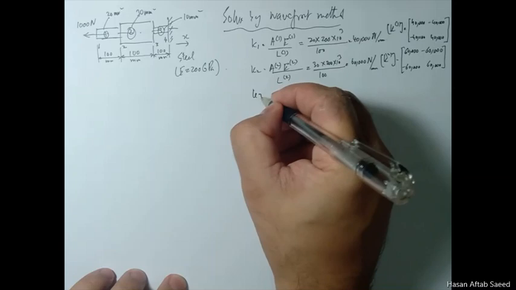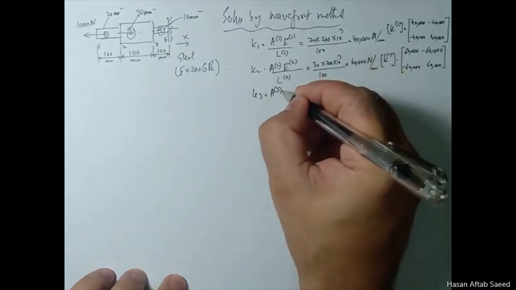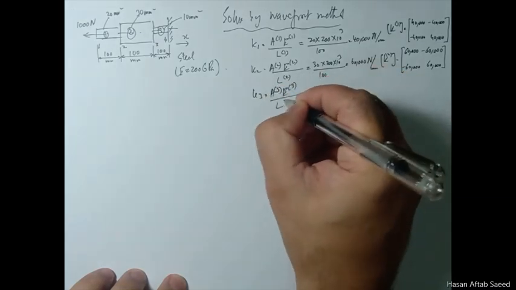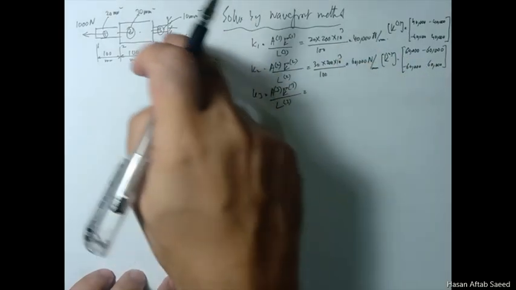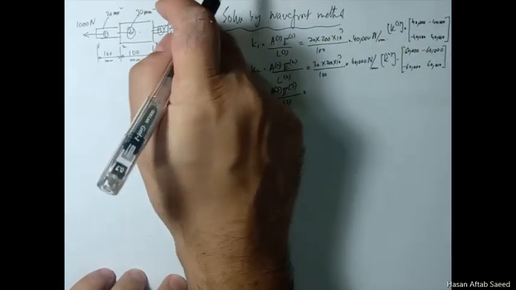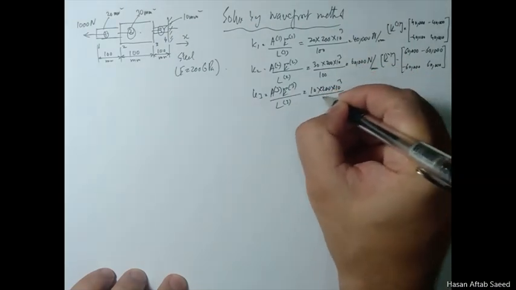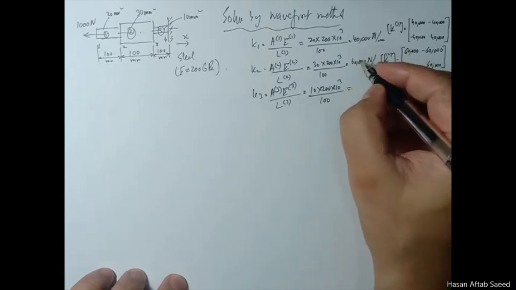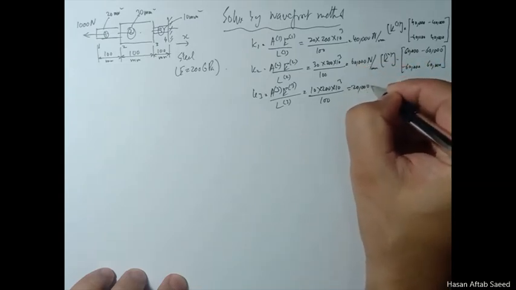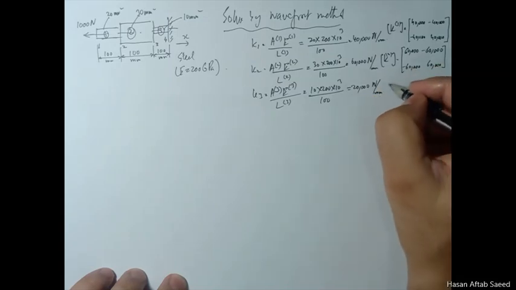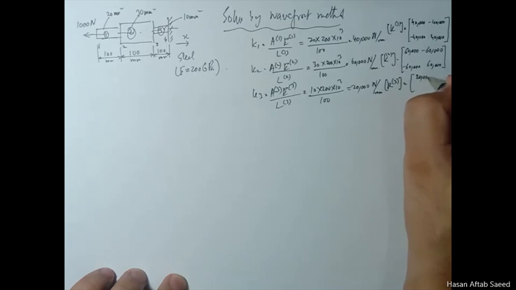Similarly, K3, A3 E3 over L3. This area here is now 10 into 200 over 100. This is 20,000 Newton per millimeter. That is K3, 20,000, minus 20,000, minus 20,000 and 20,000.